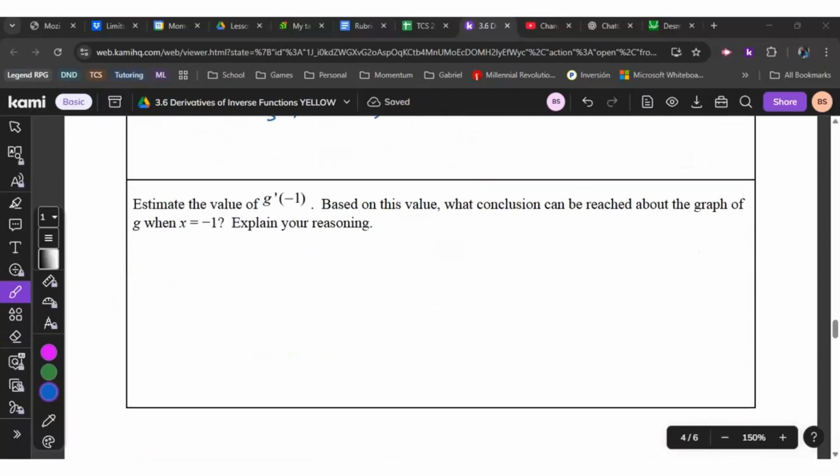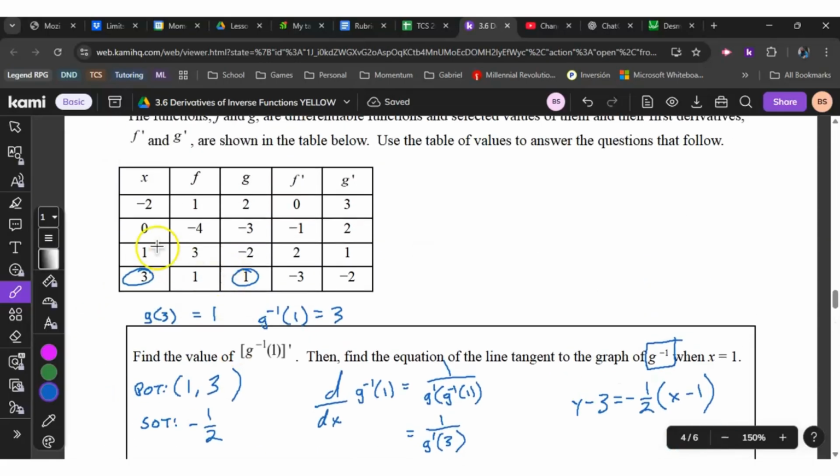All right, so let's take a look at this last one. Estimate the value of g prime of -1. Based on that value, a conclusion can be reached about the graph of g when x equals -1. Same kind of idea as what we just did. Let's figure out those points. At -1, it's going to be between these two, but it's for g.